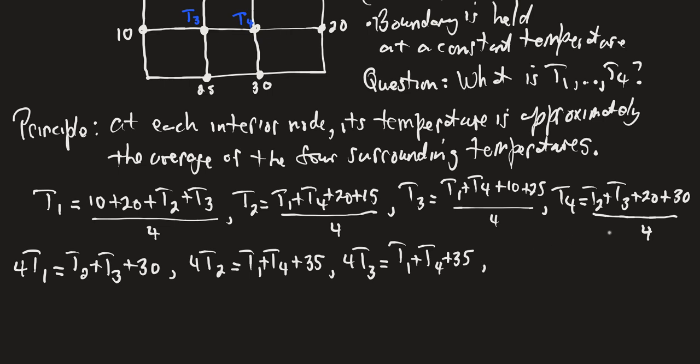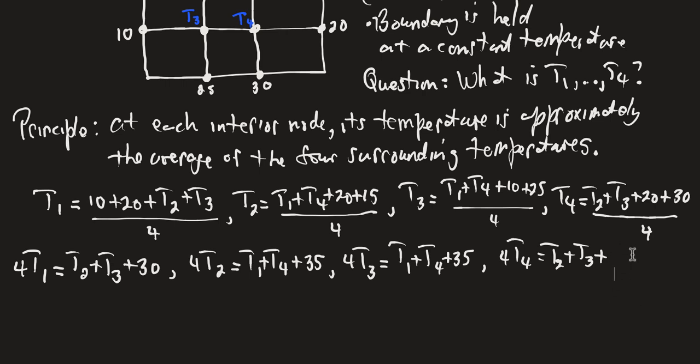And then finally 4t4, and then we will have t2 plus t3, and then this will be plus, not 15, but 50, all right?